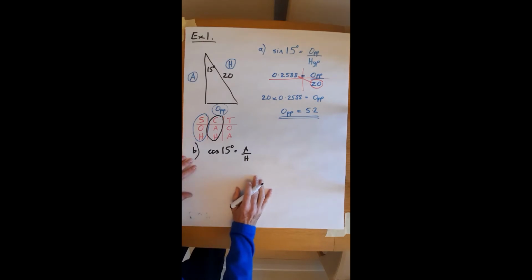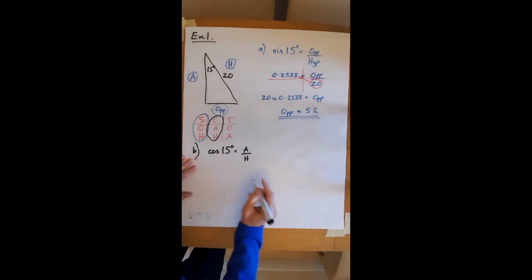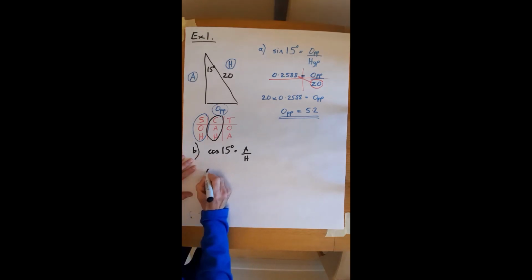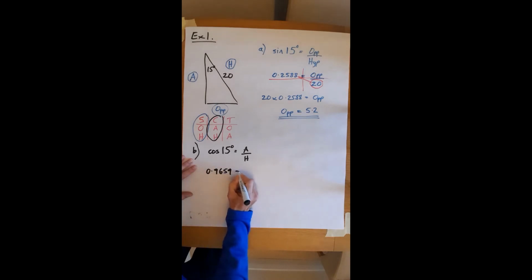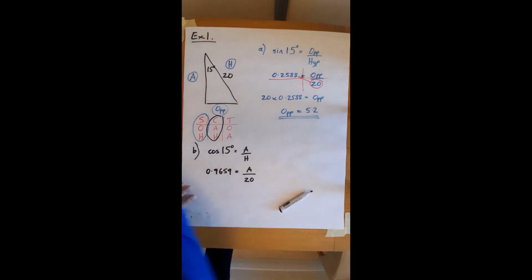Let's put the numbers in. With the calculator, find cos 15, cosine of 15, and you will get 0.9659 equals the adjacent over, and the hypotenuse was 20. So we need A on its own.